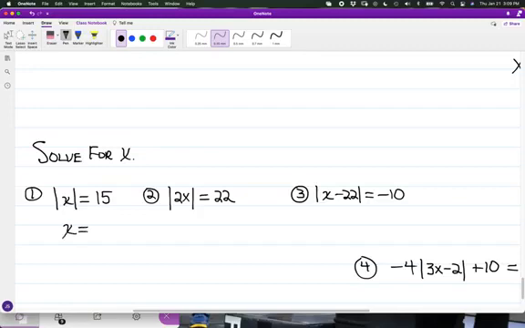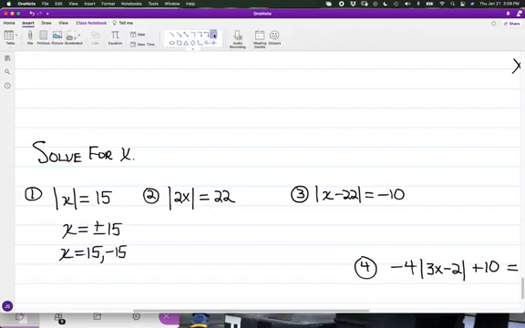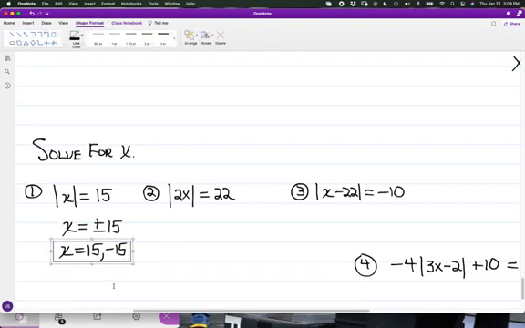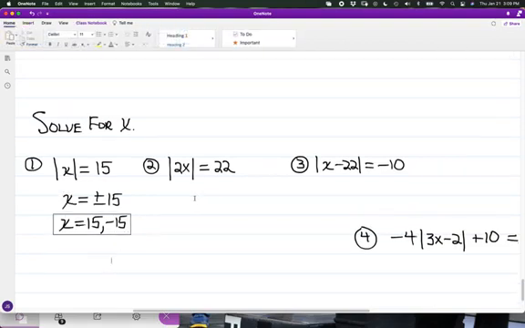So we have those numbers that will be 15 units away from 0, and those numbers will be positive and negative 15.